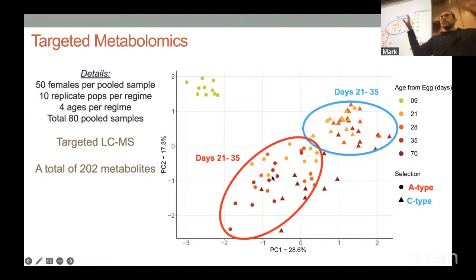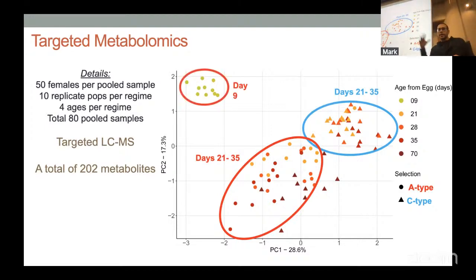When we get to these more extreme sampling points, one thing we notice is the day 9 A-type samples are just really distinct from everything else, and we'll talk about that in a little bit, but they're clustering all by themselves. And then interestingly enough, the day 70 samples actually cluster more with the A-type samples at this age, right?